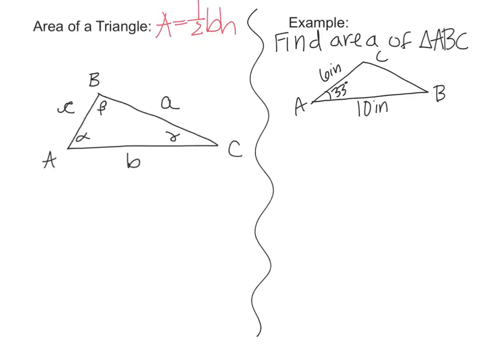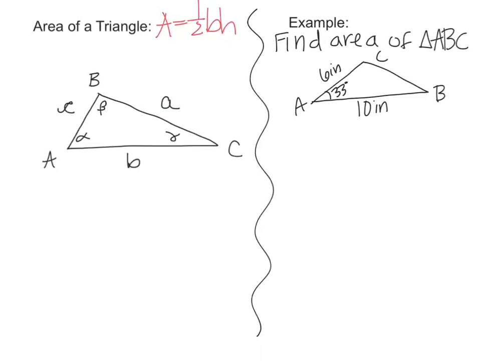So if I have an angle measure and I have the lengths of two of my sides, then I can figure it out, and this is by using sine. Based on this triangle here, if I have A, B, and C as my vertices, then I have alpha, beta, gamma inside. And across, you see side lengths a, b, and c. So that's important to keep in mind that we're going across.